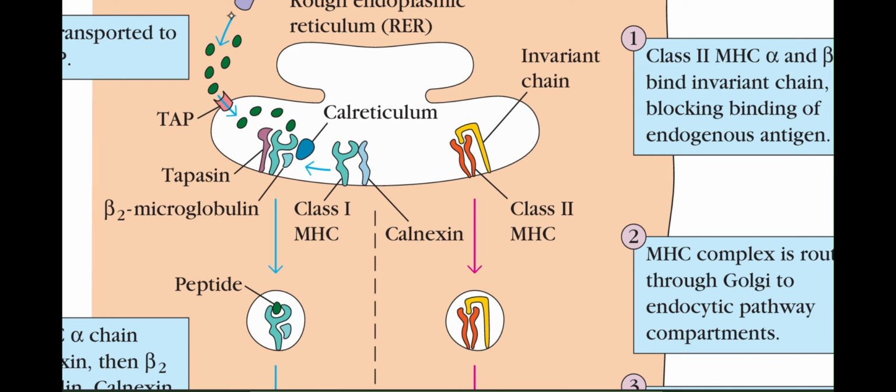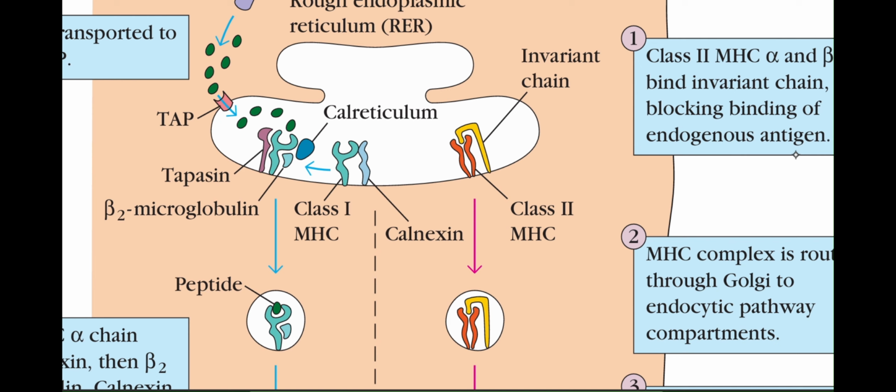For MHC1, the antigen comes inside the rough endoplasmic reticulum, but for MHC2, the antigen is present outside. In order that the antigens for the MHC class 1 do not bind to the MHC class 2, the invariant chain will mask the peptide binding cleft so that these green colored antigens do not bind to the wrong molecule. So this is the main function of the invariant chain, that is, it will block the binding of endogenous antigens.